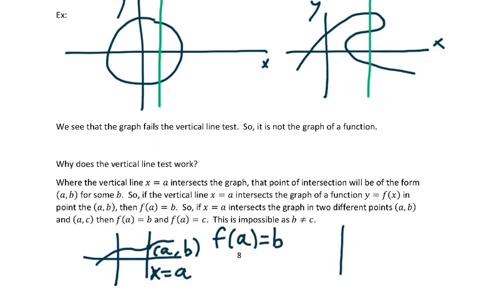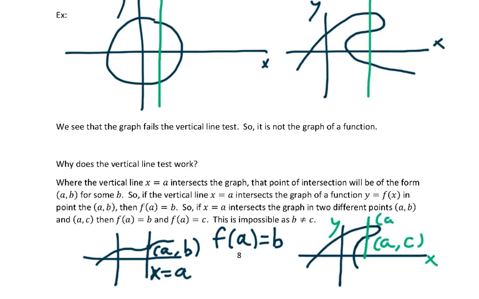But what if it intersected the graph more than once? Let's say you had something like this. So let's say now you had a vertical line intersecting the graph twice. Again, this is going to be a comma b, and we'll call this other point a comma c. So it's intersecting the graph twice. Now you have two points.